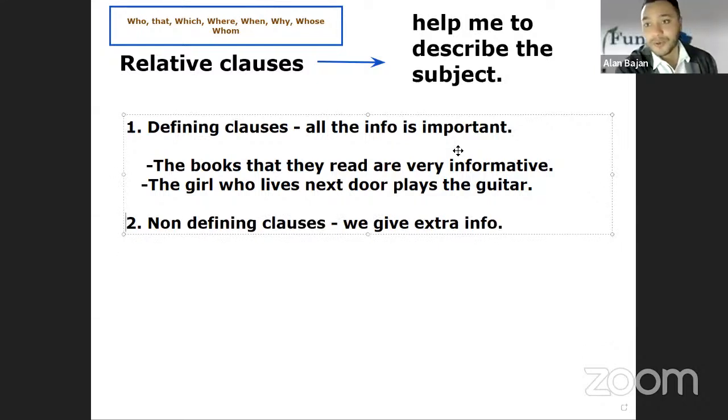Now create your own example in the chat. Okay. For defining clauses, only one sentence. You can use who, that, which, or any relative pronoun.